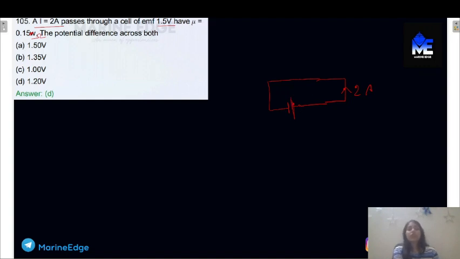It is asking what is the potential difference across both ends of the terminal. How do we calculate it? We take V equal to the actual voltage, 1.5, minus how much voltage drop the internal resistance takes. 2 ampere current is flowing and 0.15 is the resistance. That gives us 1.5 minus 0.3. That is equal to how much? 1.2 volts. The answer is D.